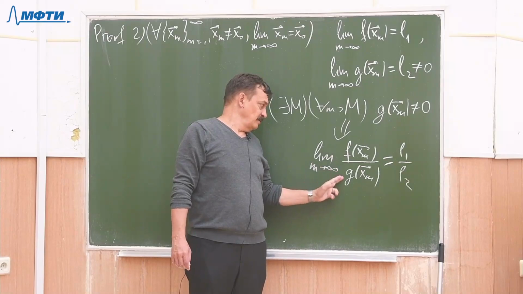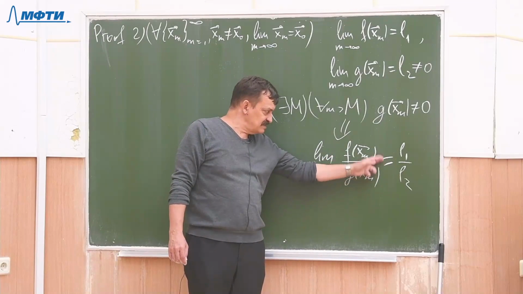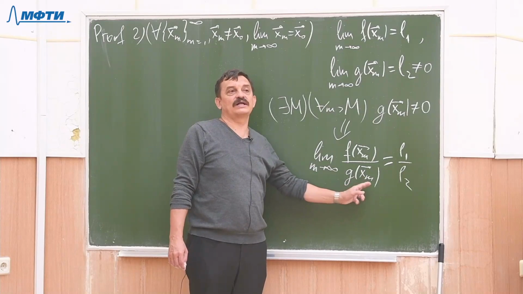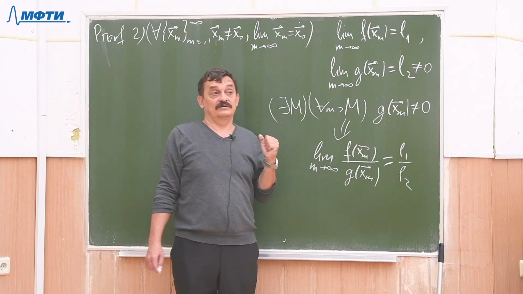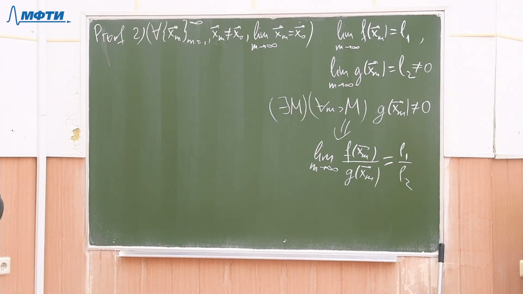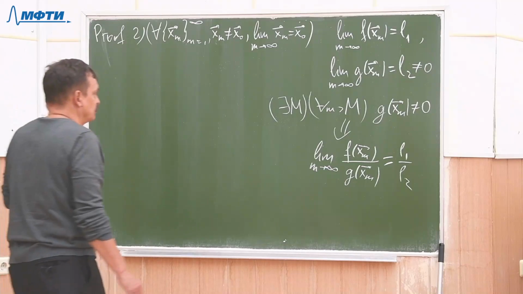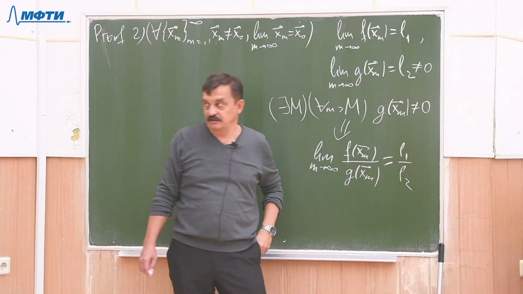It might be that this sequence is not well defined for the first indices, but it doesn't matter for the limit. So that is an agreement which we make, in fact.